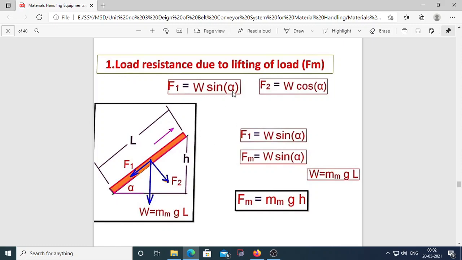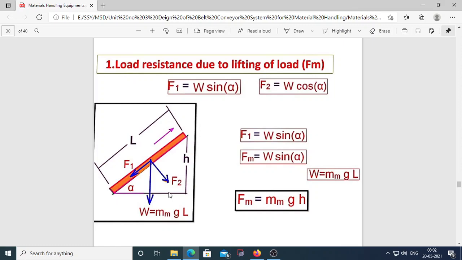F1 is equal to W sine alpha. If you resolve on this side, F2 is equal to W cos alpha. And if you calculate this load W, then you will get mm into g into L. What is mm? Already we have seen, it is the material carried by the conveyor per unit belt length.